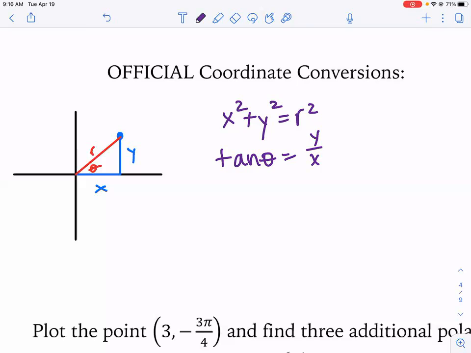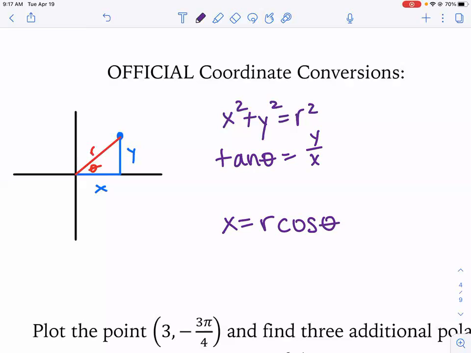Don't write this down quite yet. But we also know that the cosine of theta is adjacent over hypotenuse. Do you agree? So if I multiply that r over to the other side, x is r cosine theta. That looks kind of familiar, doesn't it?